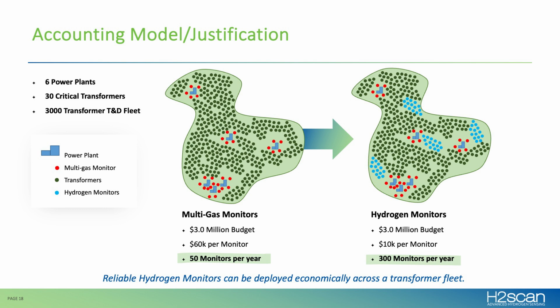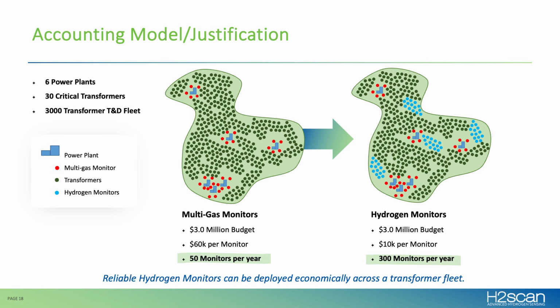And if you look at a transformer fleet, most utilities are looking at around a 1% failure rate. And if you have 1,000 transformers or 5,000 transformers that you need to be monitoring, it's very difficult to justify putting multi-gas on all those. So it's nice to have the data, but with such a low failure rate, you need to look at where you're going to get the most bang for the buck.